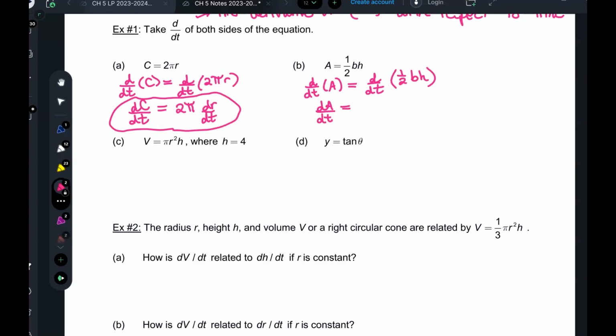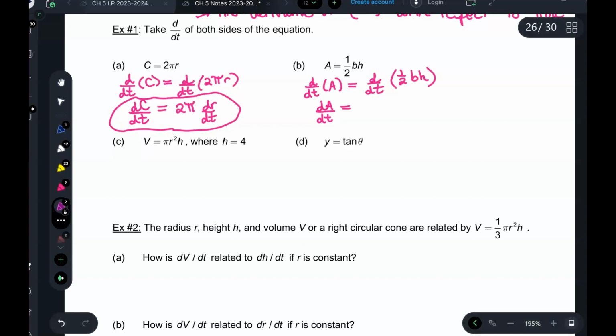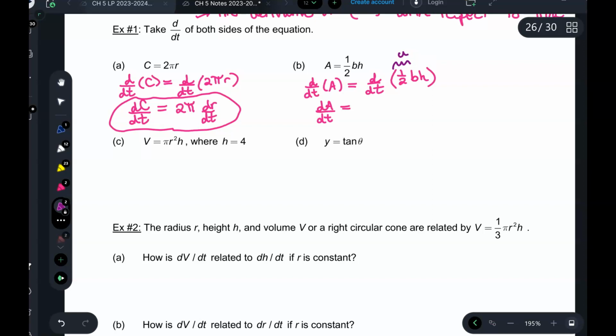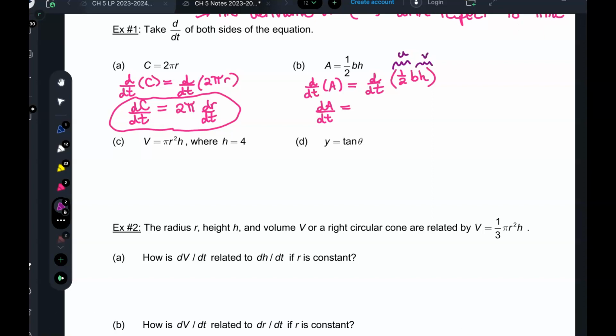Now, on the right side, if you want to move the 1/2 to the front, you can, it doesn't matter. Or technically this is a u times v situation. So maybe I'll make 1/2 b my u, and I'll make h my v. So u prime: what's the derivative of 1/2 b?